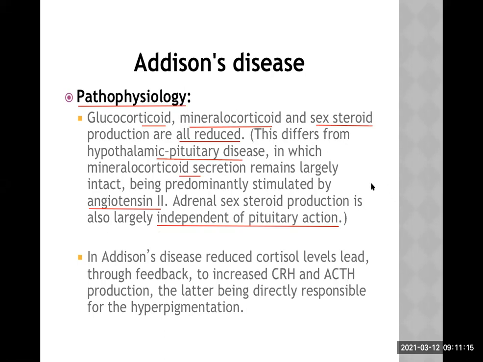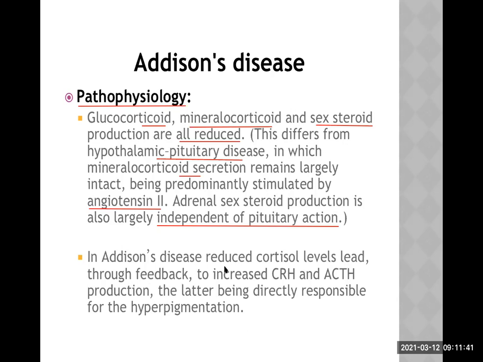Others are not that predominantly stimulated. So in hypothalamic pituitary disorder, aldosterone and sex steroid levels may remain the same, because they are not affected by pituitary disorder, whereas cortisol level is severely decreased.